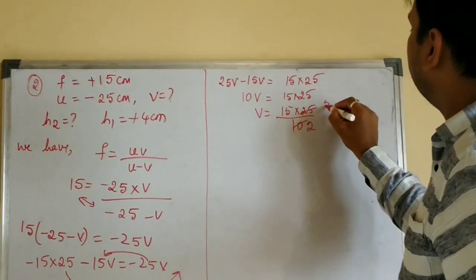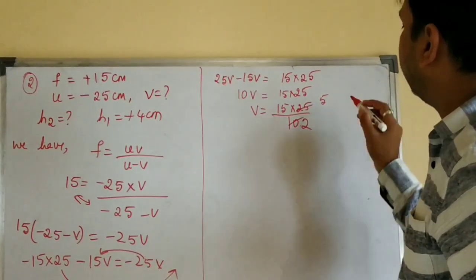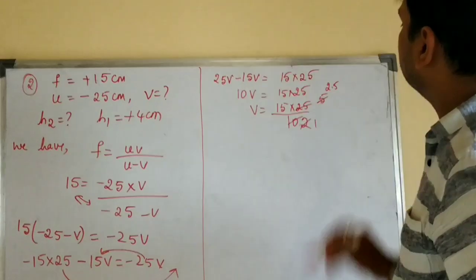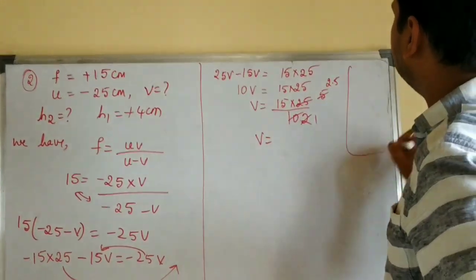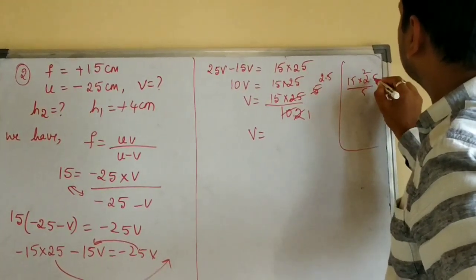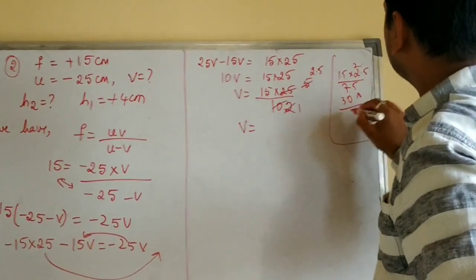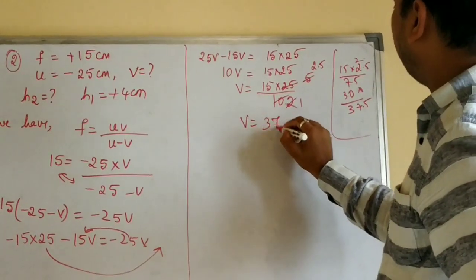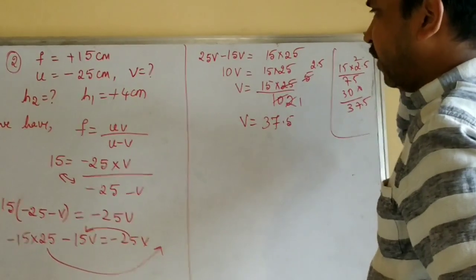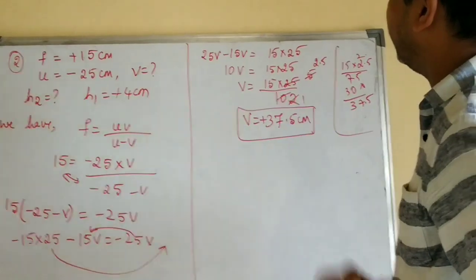Now 2 fives are 10. Then V is equal to 37.5 centimeters, with the positive sign.